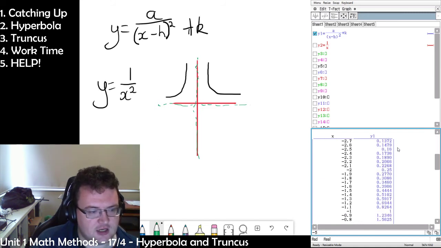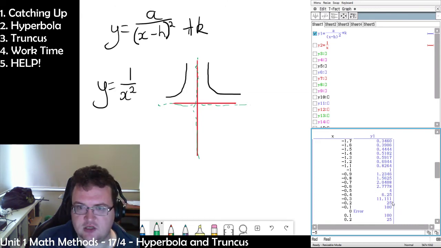As we get closer and closer, the graph quickly accelerates, because remember, a negative number squared is still a positive number. That's why the graph doesn't exist in the negative.